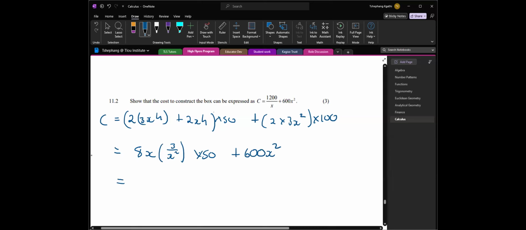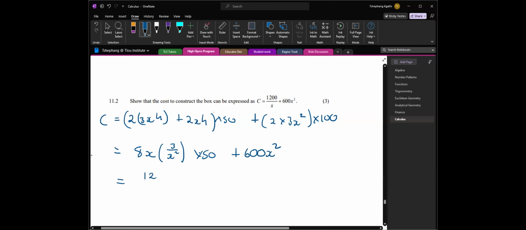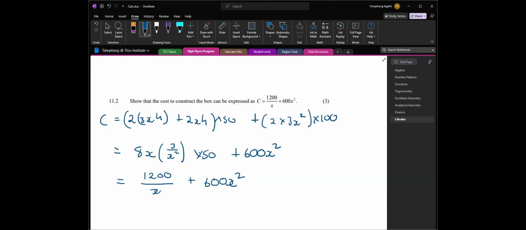Then it's just a matter of simplifying now. So we simplify, multiply the top, it's multiplied by 8, multiplied by 3. You should be getting 1,200 over x, because 1x cancels your thing there, and then 600x squared. And this is the cost to construct that.